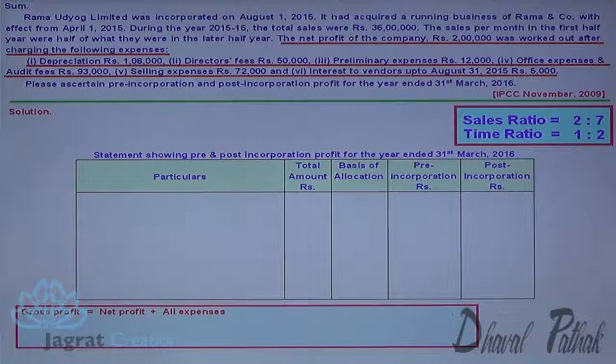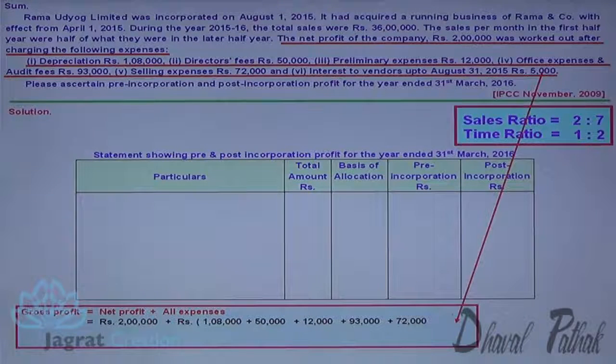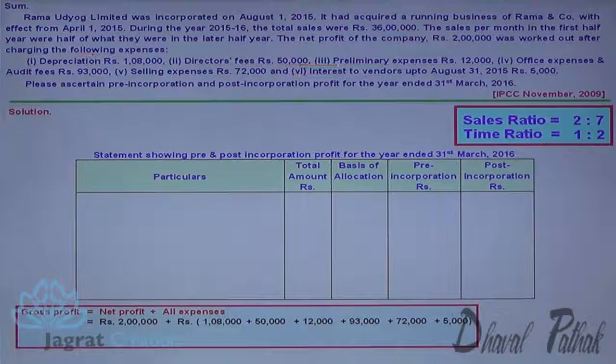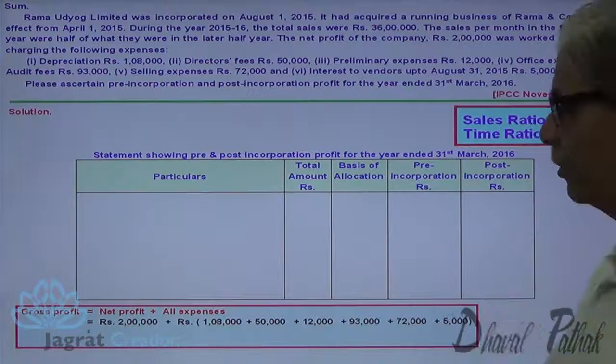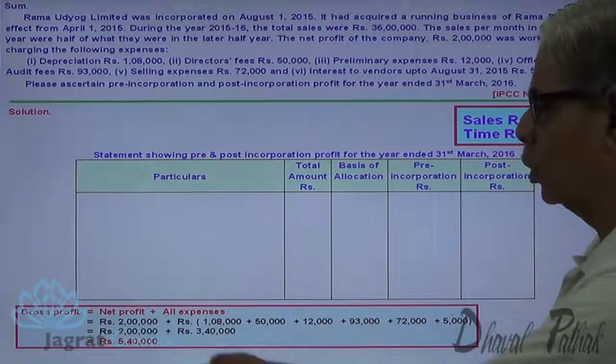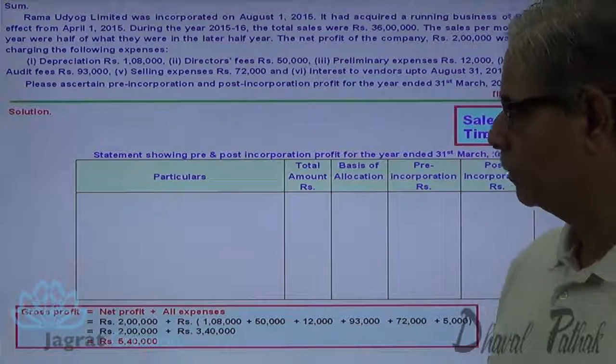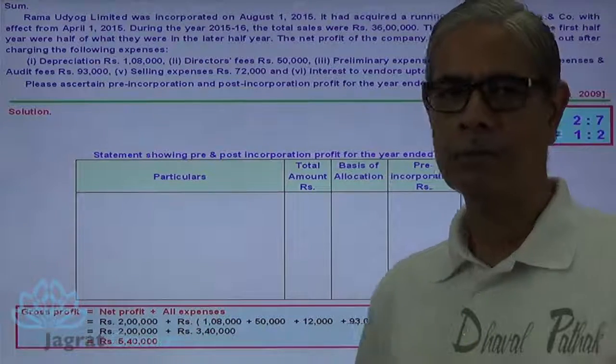Net profit plus all expenses: 2 lakhs plus 1,08,000 plus 50,000 plus 12,000 plus 93,000 plus 72,000 plus 5,000. So total of all these expenses will be added to 2 lakhs. So my gross profit works out to be 5,40,000.